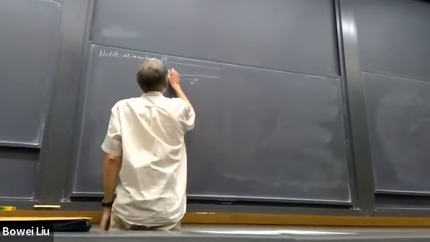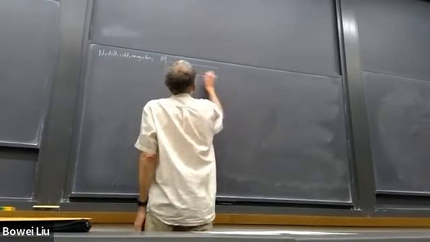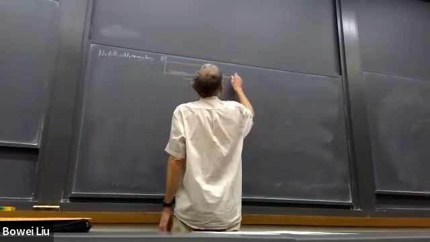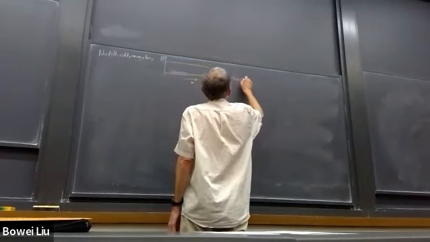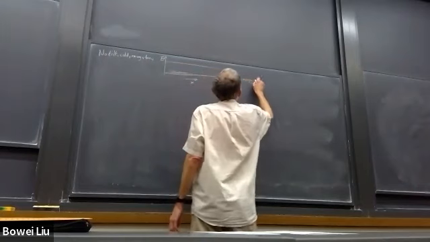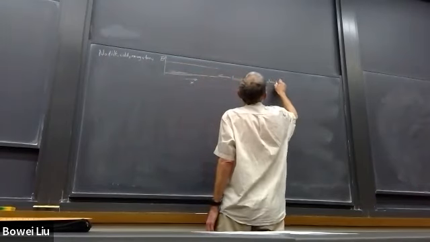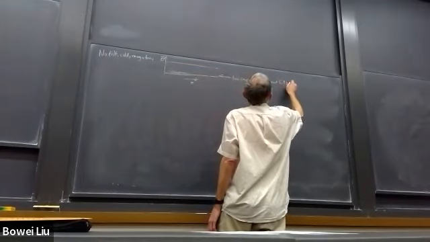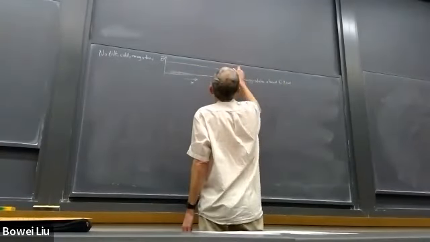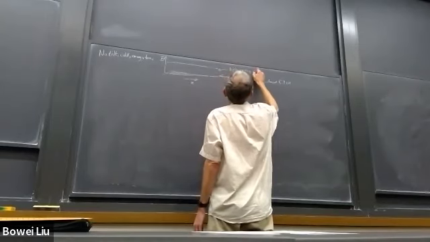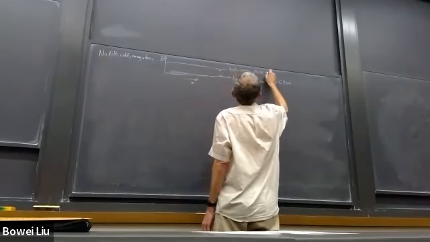So you're going to have the low energy states, the bottom of the band, low momentum, low energy states, almost filled, and the top of the band, the high energy states, almost empty.